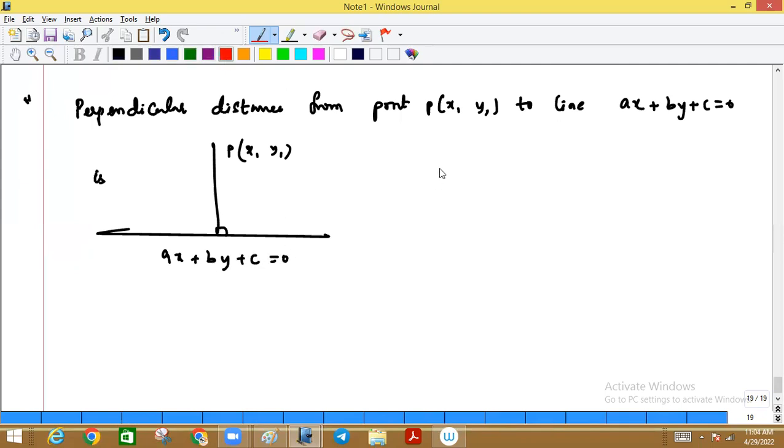Substitute the point in it: (ax1 plus by1 plus c) divided by under root of a square plus b square. This is how you find out the perpendicular distance from a point to a line. Right?